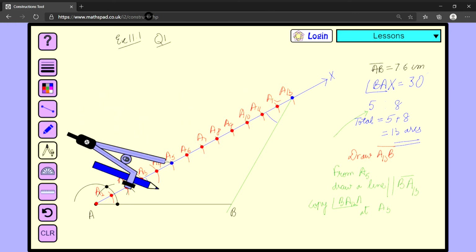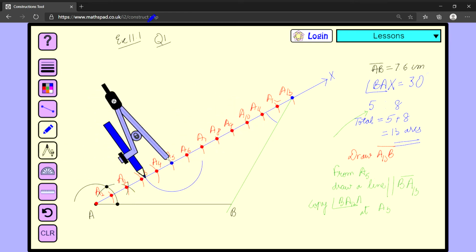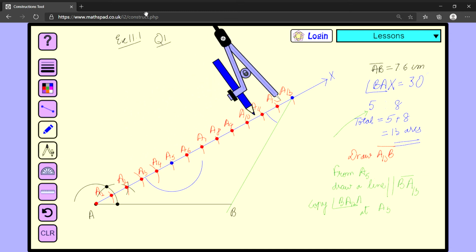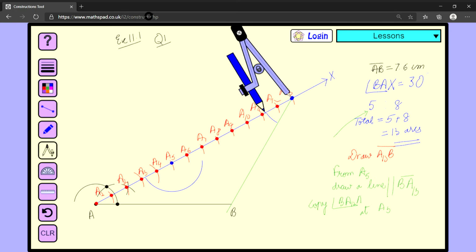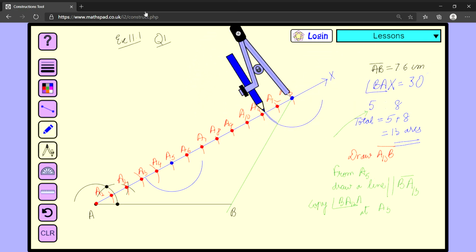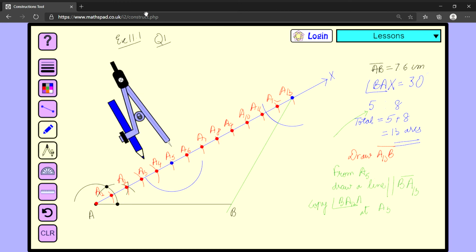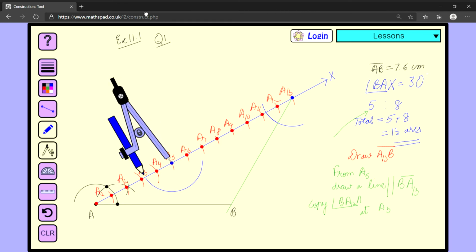Draw a semicircular arc at A5. The radius which I've used at A13 is the same radius with which I have drawn this semicircular arc at the point A5.